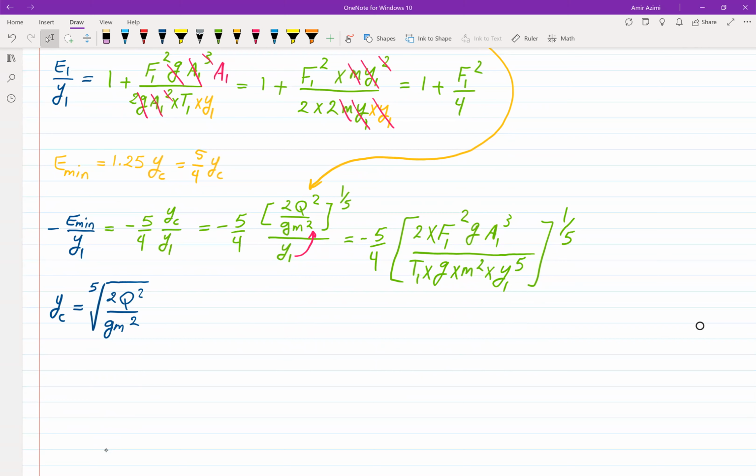Now I can simplify this a little bit. So G and G cancels out. And then I will put the expression for the values of area.